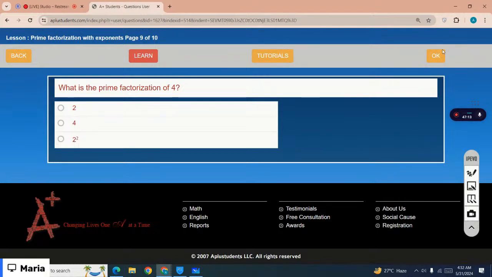That is 2 times 2 or 2 square, option number 2 is the correct option.